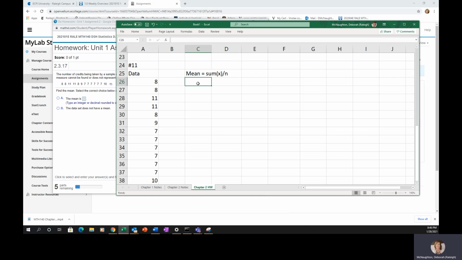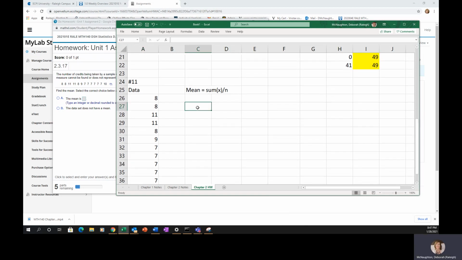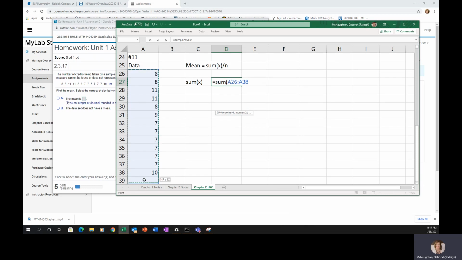Okay, so to calculate the mean, I can calculate the sum of the x's. So let me just go down here to the bottom, or actually we can just do it up here. Okay, so I need the sum of the x's. So I can go equals sum, put in a parenthesis, and then I can just pick my data values.